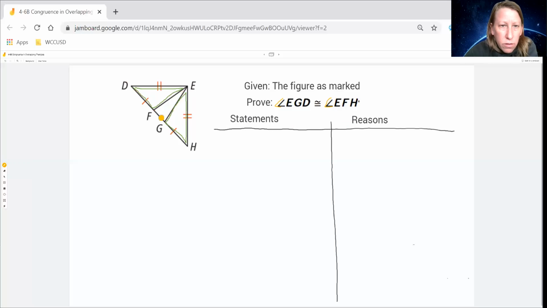That's this angle. My last step here is going to be that angle EGD is the same size and shape as angle EFH. So I'm trying to get those two angles to be the same. Interesting.